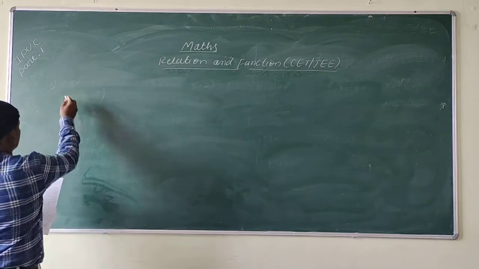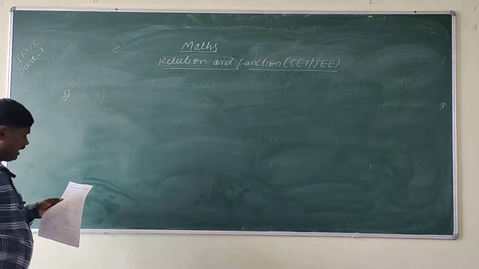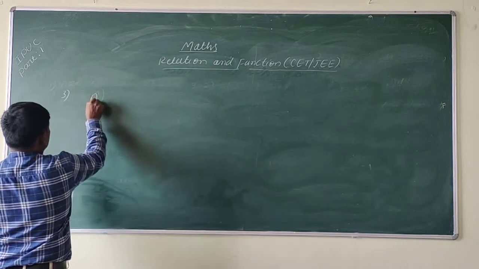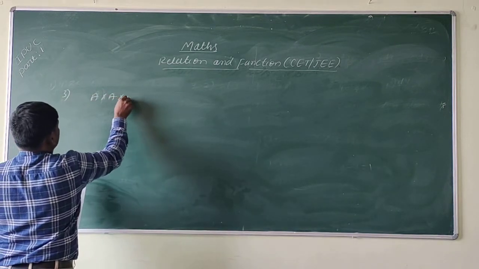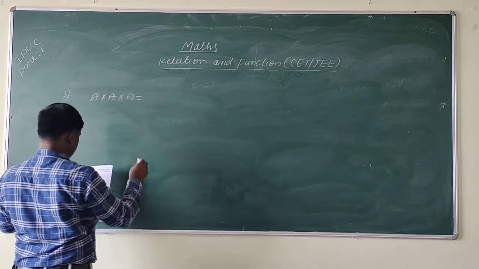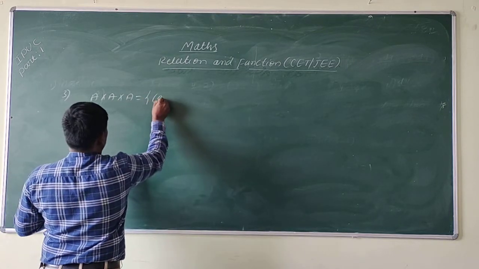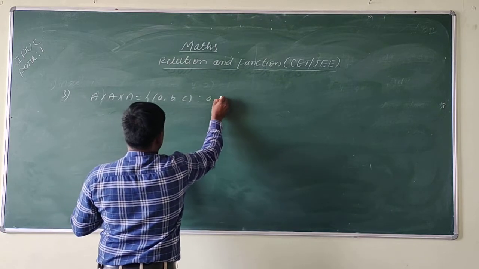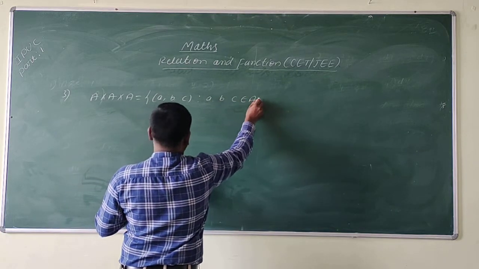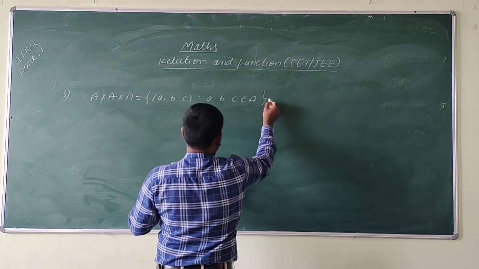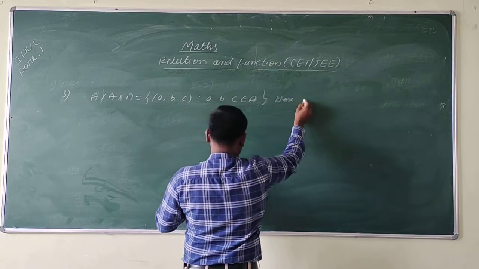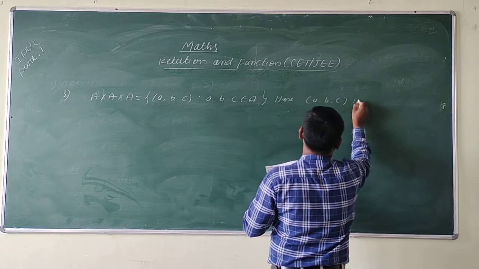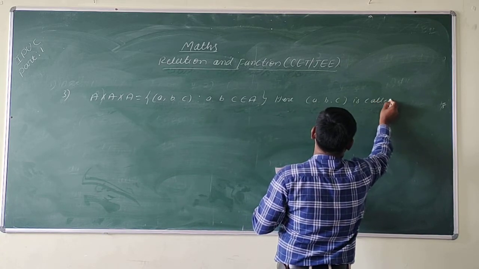Question number 3. Let A be a non-empty set, and A cross A cross A is the set of all ordered triples (a, b, c) such that a, b, c belong to A. Here (a, b, c) is called what?